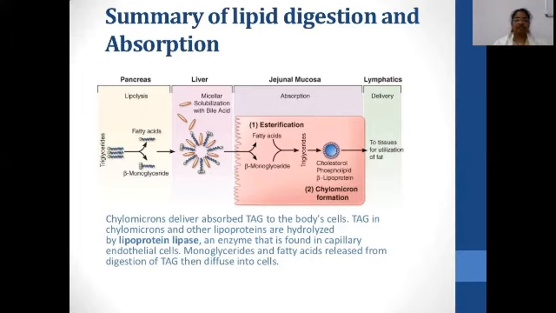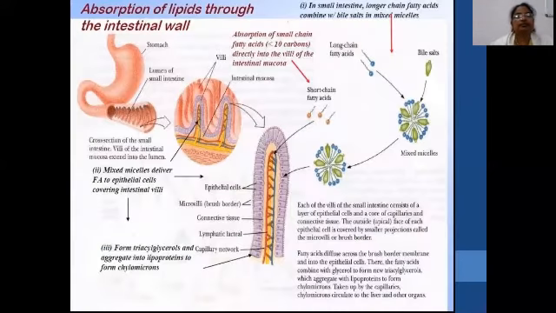So the chylomicrons deliver absorbed triacylglycerol, that is triglycerides, to the body cells. TAG in the chylomicrons and other lipoproteins are hydrolyzed by the enzyme lipoprotein lipase, found in capillary endothelial cells. Then monoglycerides and fatty acids are released from digestion of triacylglycerol, and then diffuse into the cells.